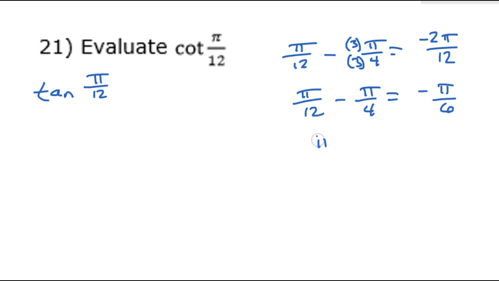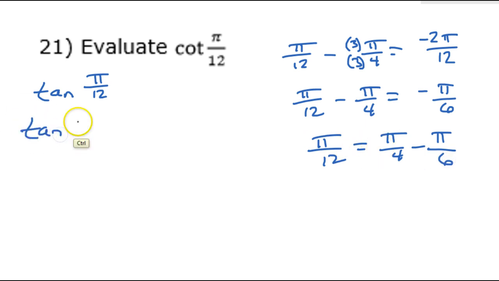Adding pi over 4 to both sides, I discover that pi over 12 is equal to pi over 4 minus pi over 6. So that means the tangent of pi over 12 is the same thing as the tangent of pi over 4 minus pi over 6.